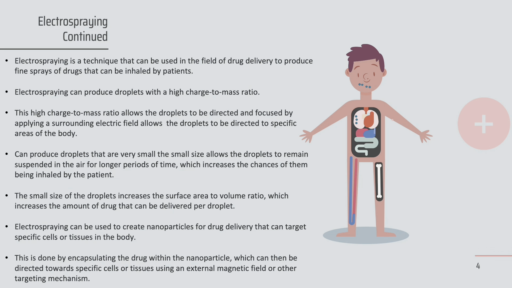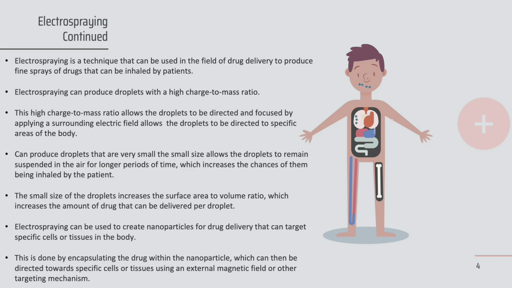Electrospray is a technique that can be used in the field of drug delivery to produce fine sprays of drugs that can be inhaled by patients. The small droplets produced by electrospray can be directed to specific areas of the lungs, allowing for more efficient delivery of the drugs. Additionally, electrospray can be used to create nanoparticles for drug delivery, which can target specific cells or tissues in the body.